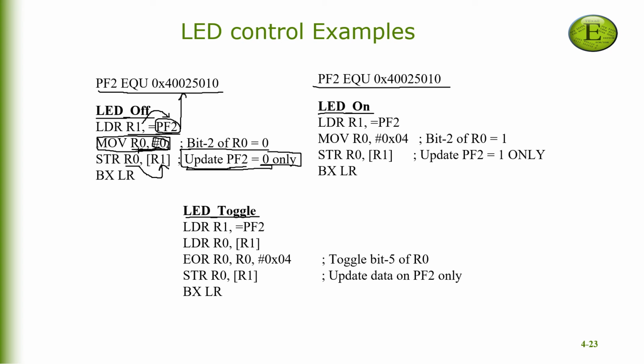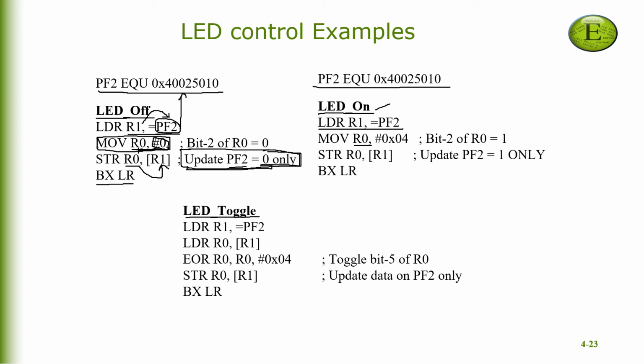The bit specific addressing allows us to modify only specific subsets of the bits on the port and then return to the caller. If, however, we wish to turn on the LED, we put the address of port F pin number 2 into register R1.